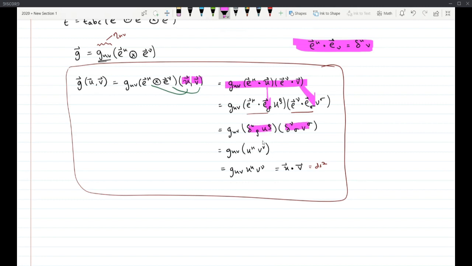And you remember that that knocks out all the indices except where they're equal. And we end up finally with the result. So I've proven to you that our definition of the outer product does exactly what we're talking about: the metric acts on two different vectors to give you the dot product.